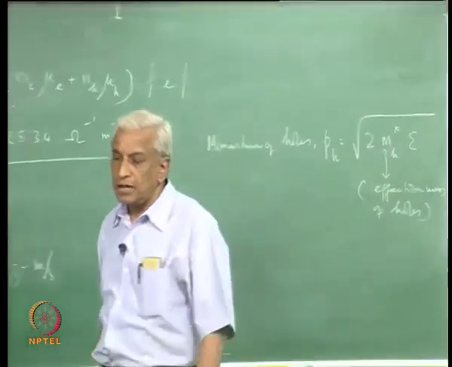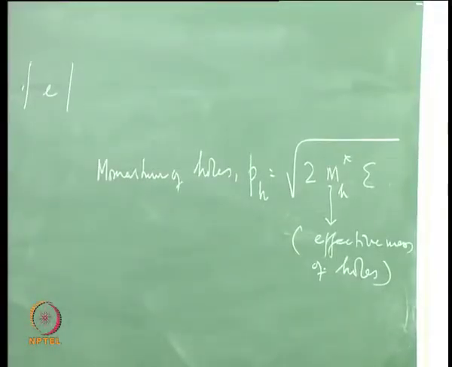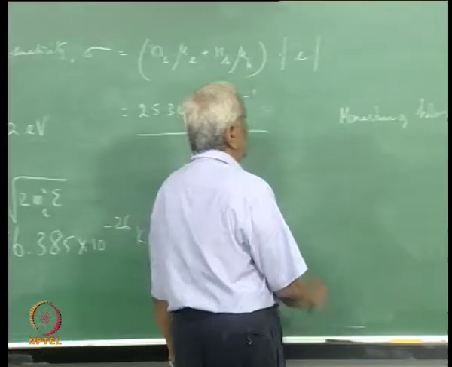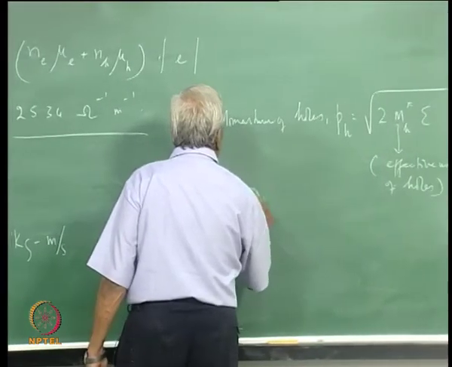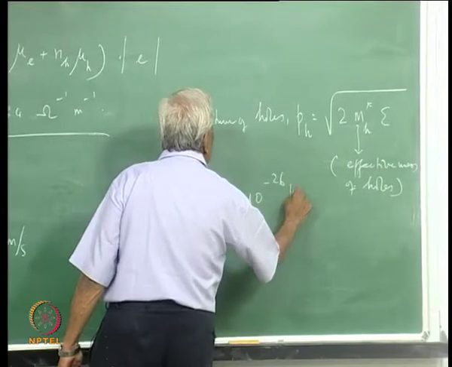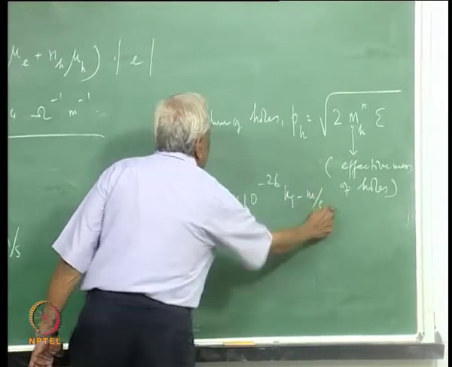That is again given to be 0.068 times that of the free electron. So, substituting this value, we get the momentum as 6.29 into 10 to the power minus 26 kilogram meter per second.